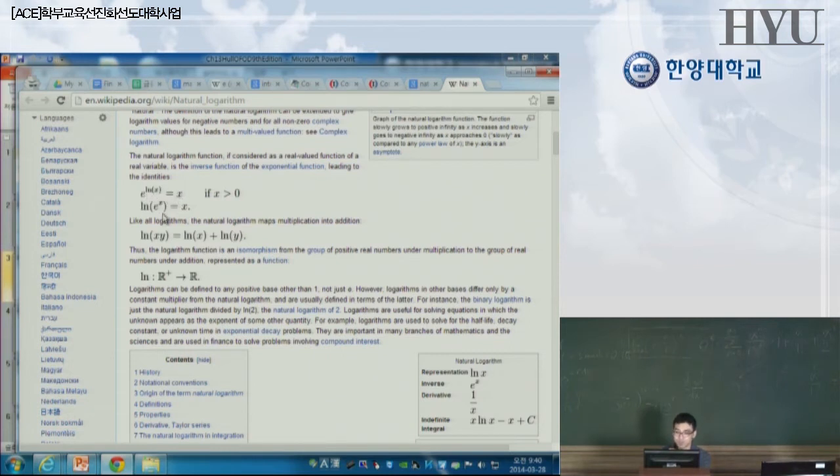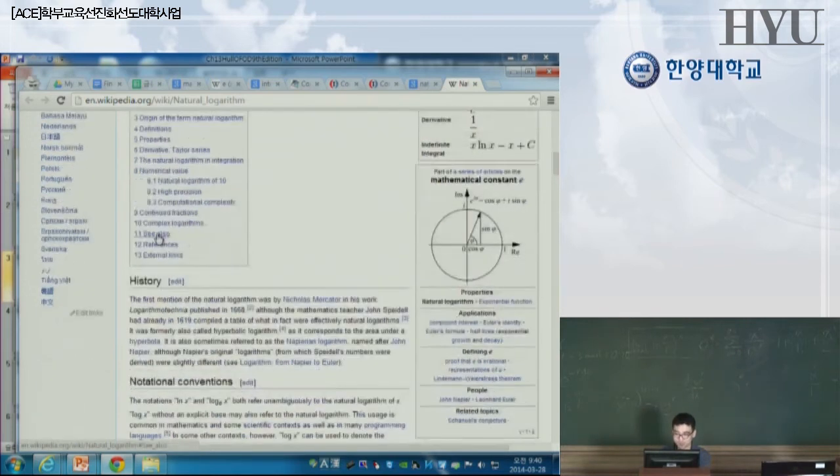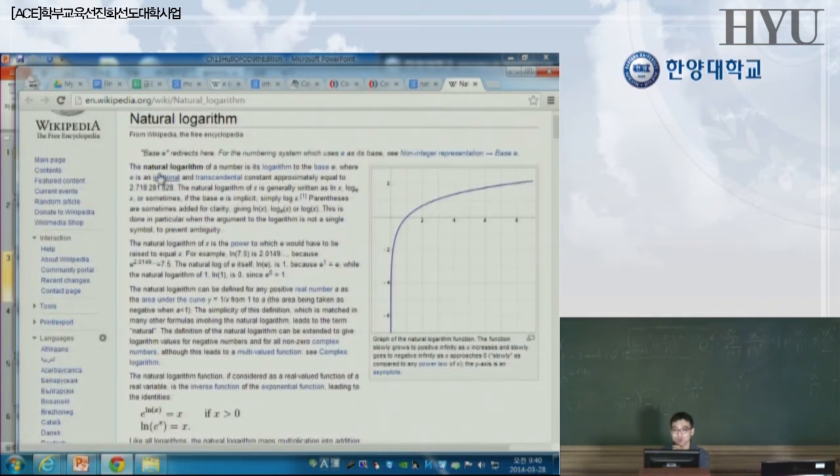Right? Because it is f inverse of x, right? So the natural logarithm is the logarithm to the base e, where e is an irrational, transcendental constant approximately equal to that number.